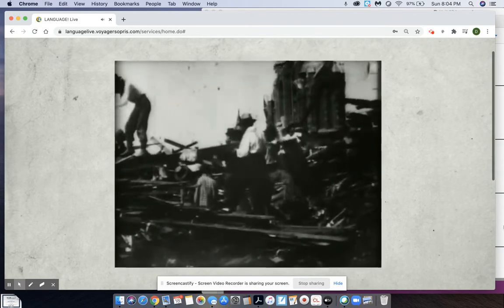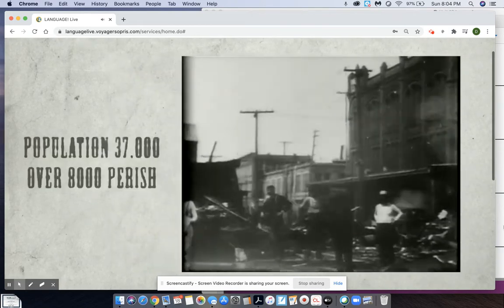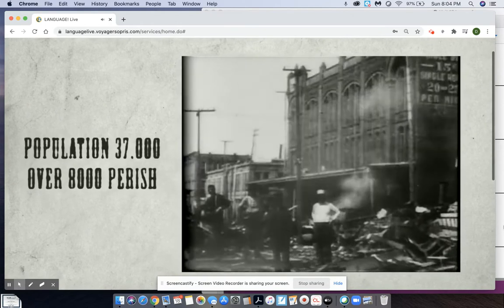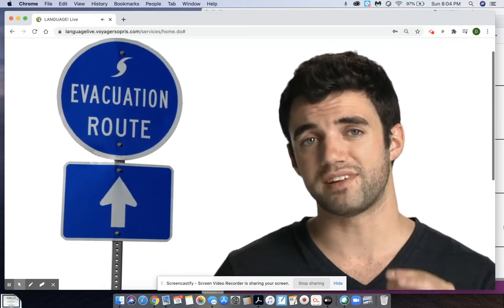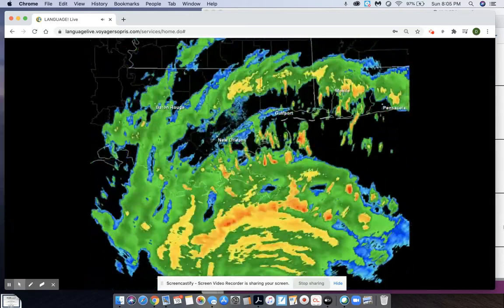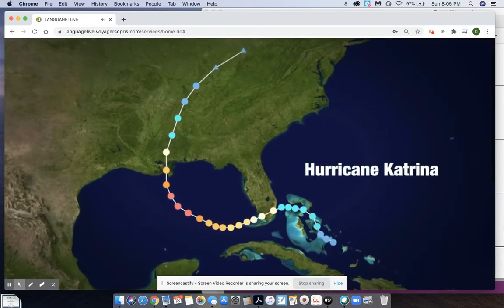Few people evacuated Galveston. Out of a population of 37,000, over 8,000 people were killed. Today, we have the ability to watch and predict hurricanes with incredible precision. In 2005, the path of Hurricane Katrina had been tracked for days.